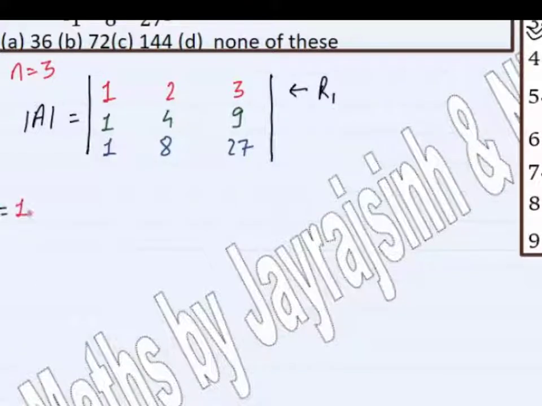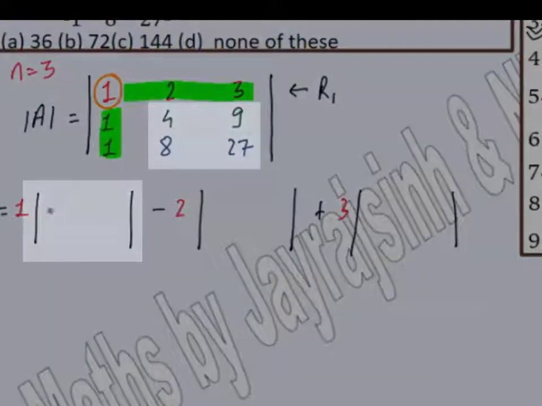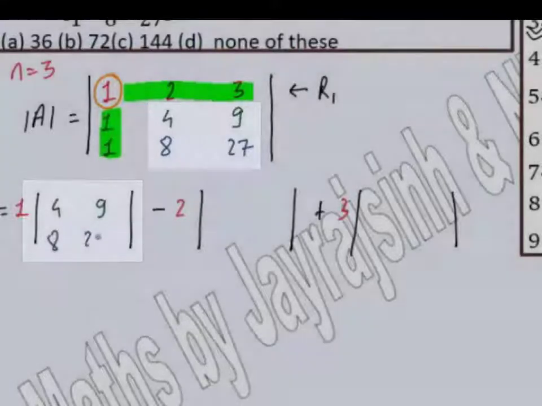So its first element 1 and its minor determinant, minus second element 2 and its minor determinant, plus 3 and its minor determinant. Now for first determinant we have to ignore first row first column. So here we'll get 4 9 and 8 27.